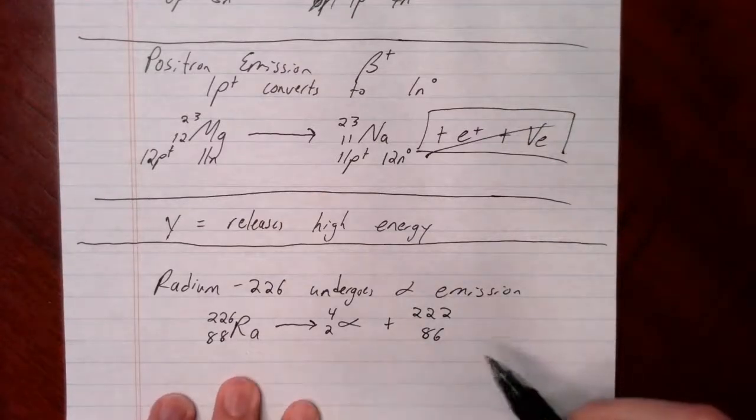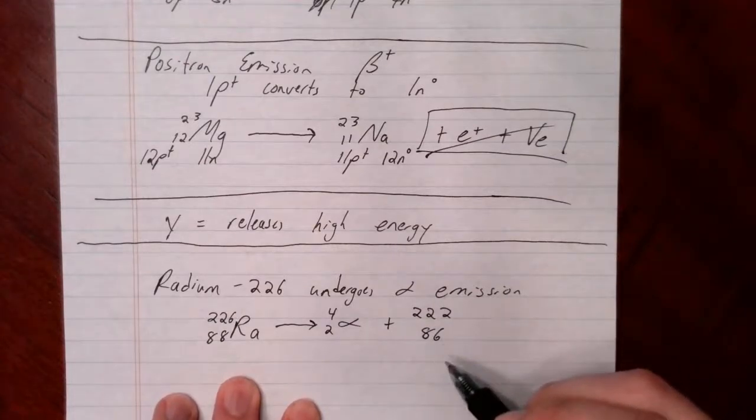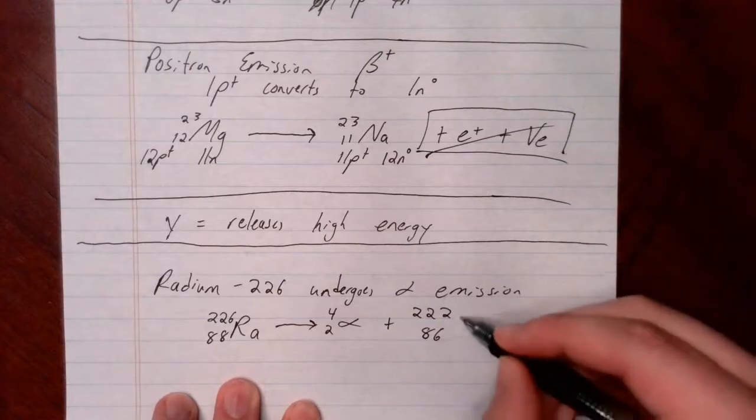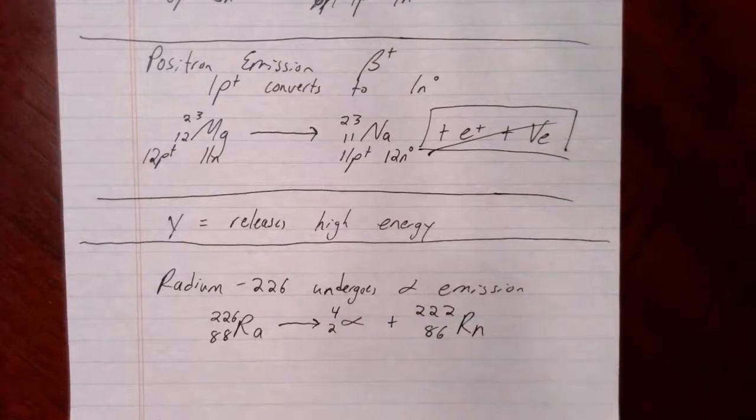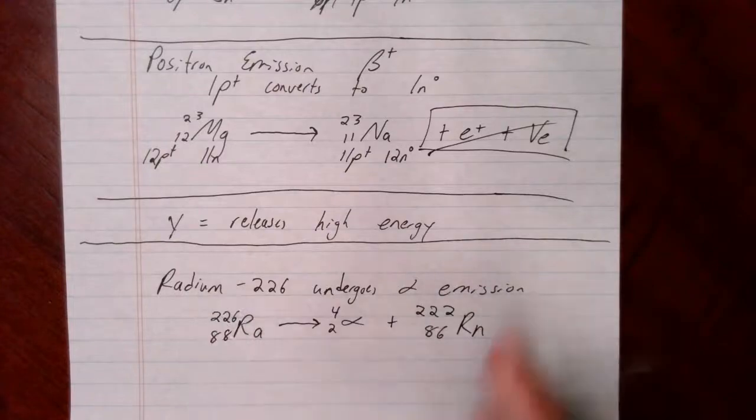If you go ahead and write radium again, you're going to be wrong here, because a nucleus that has 86 protons is no longer radium. You look at the periodic table and see that it's actually radon. Then I go back and check myself. 222 plus 4 is 226. 86 plus 2 is 88. So I'm correct there. There is my nuclear reaction.